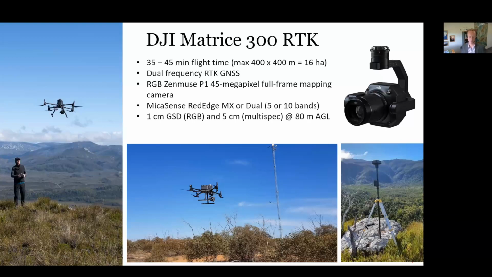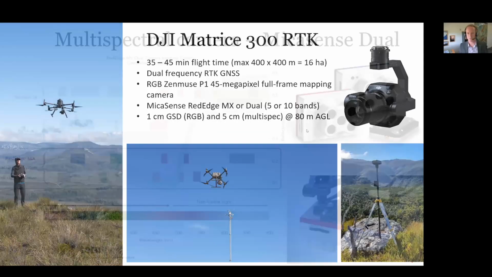We fly that with a full frame mapping camera for RGB imagery and a MicroSense RedEdge-MX Dual multispectral camera. We typically fly 80 meters above ground level, resulting in 1 centimeter pixel size RGB orthomosaics and 5 centimeter multispectral orthomosaics.